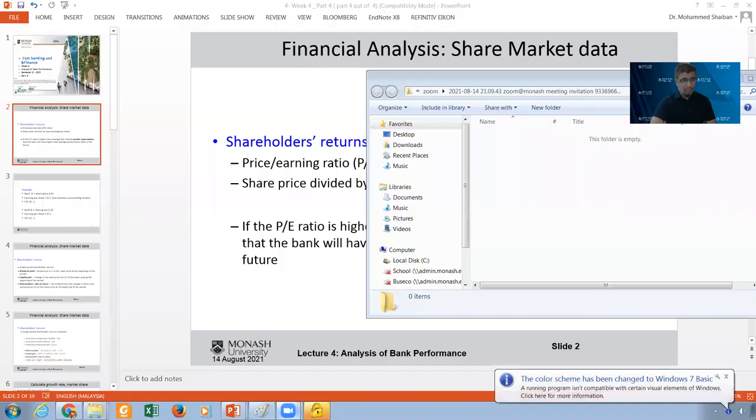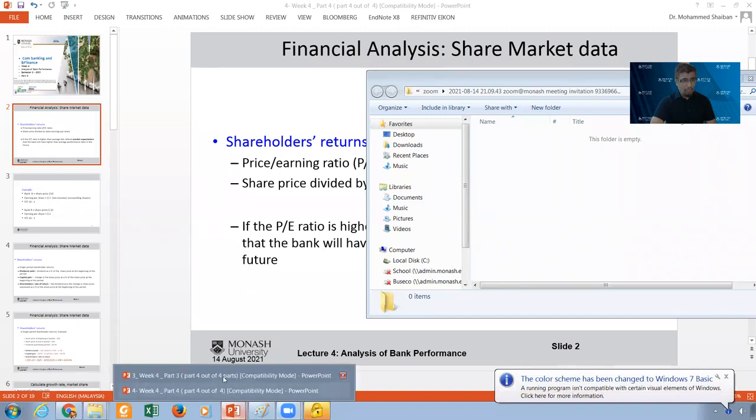We talked about the financial analysis, the qualitative and the quantitative, and now we are moving to the share market data and its analysis. We have also talked about the new measures, which I talked to you before, dealing with the economic profit. So if you allow me now, let me just share my screen and I will start.